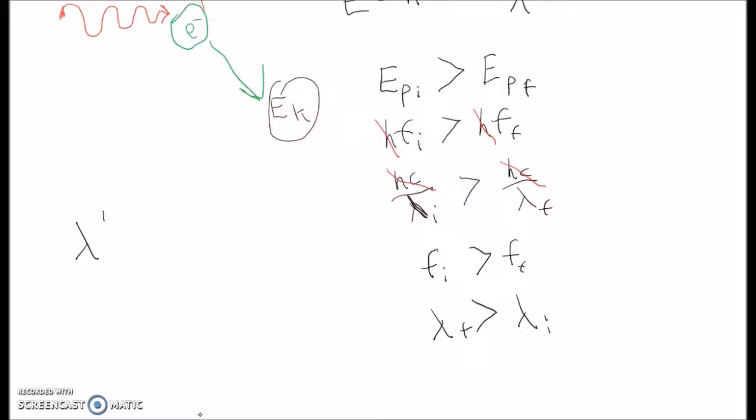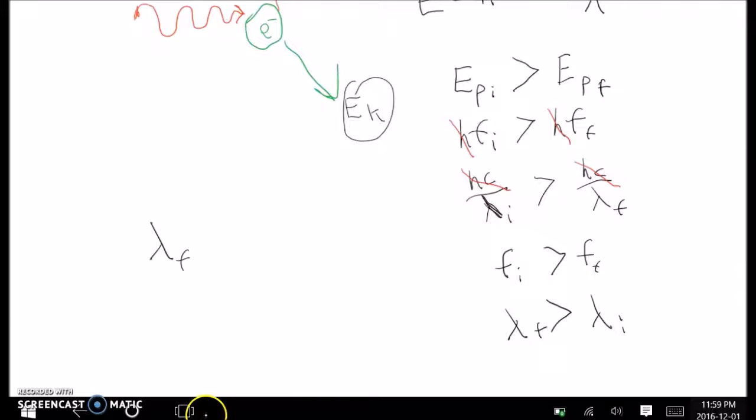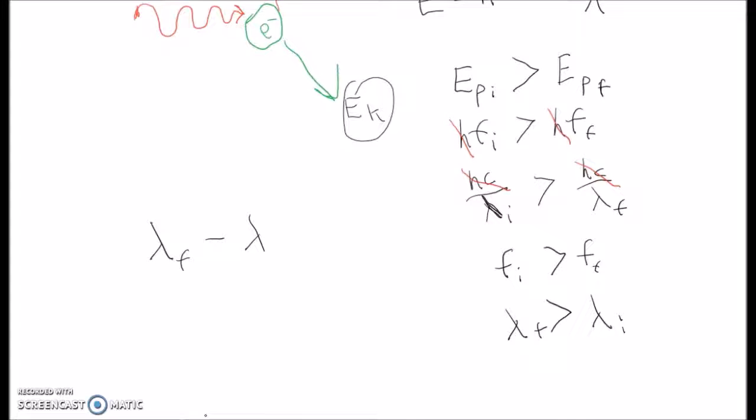So the lambda final minus lambda initial, or some notations have it lambda prime minus lambda, equals h over m_e c.